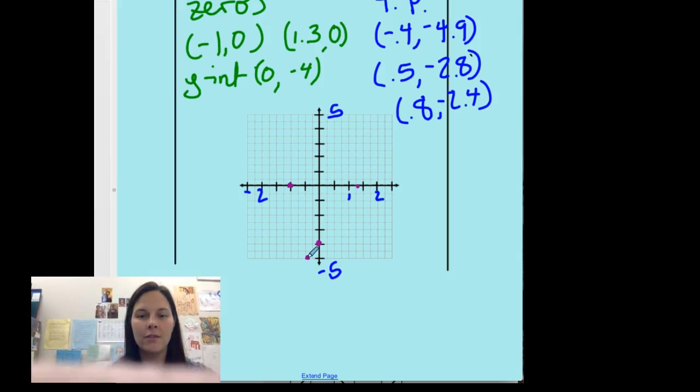So 0.5, negative 2.8. And then 0.8, negative 2.4. All right, so then I'm going to sketch my graph. It was opening up. And of course, arrows to indicate that it continues forever.